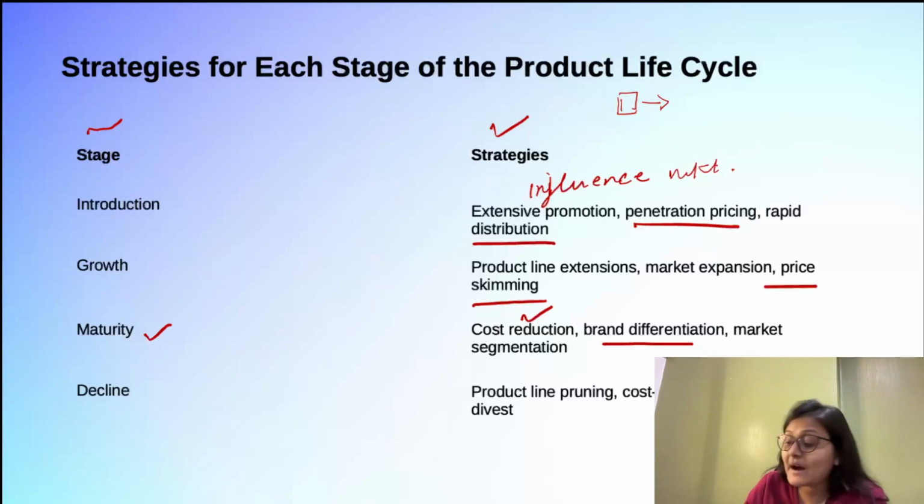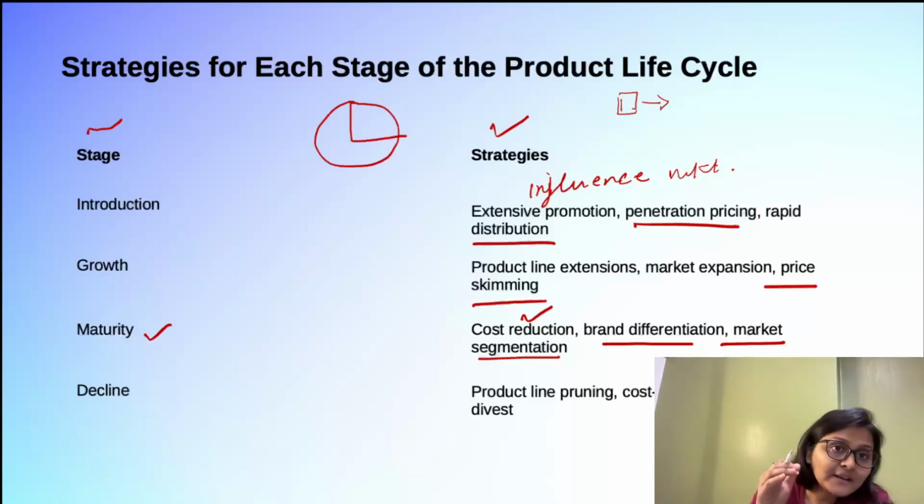Then we have market segmentation. This is dividing the whole market into smaller segments and making customized goods according to that particular segment of customers, so that more and more customers' needs are being satisfied.